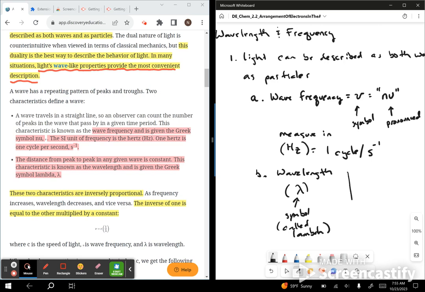And if we were to draw a wave, you could say that from this point to this point equals the wavelength.